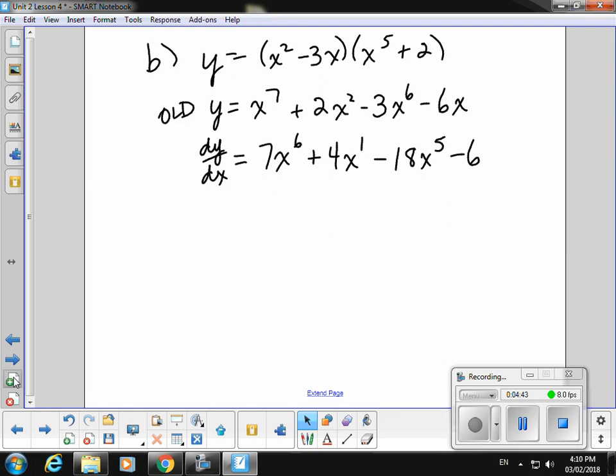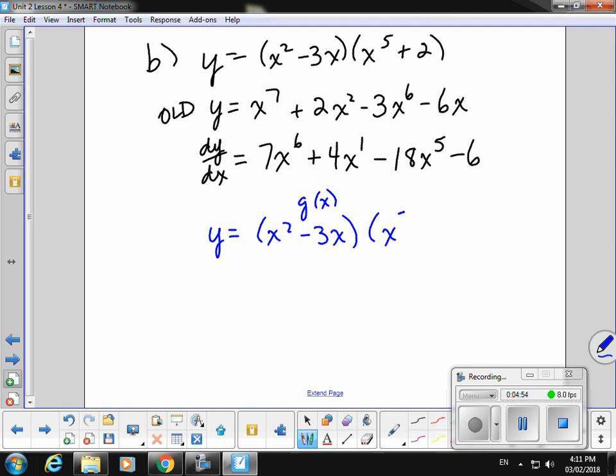Or I can think of that as y equals (x squared subtract 3x), my first function, times (x to the 5 plus 2), my second function, which I'm multiplying.